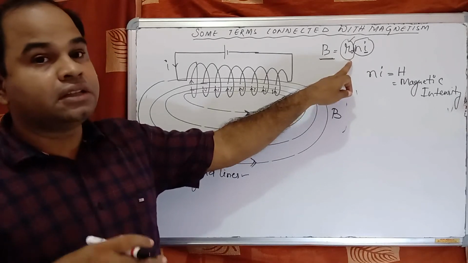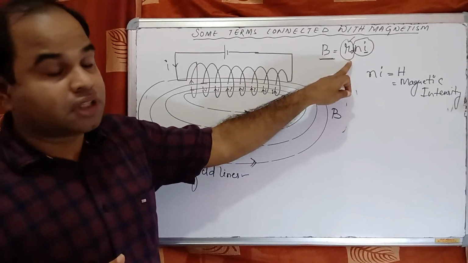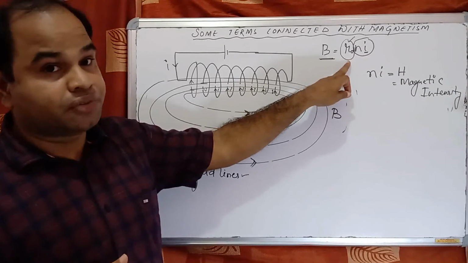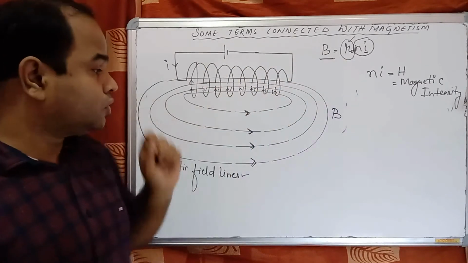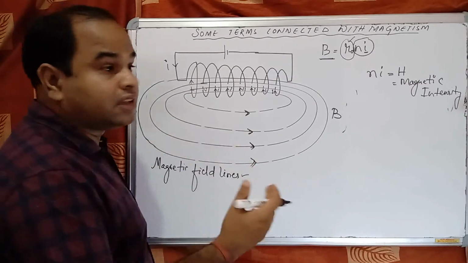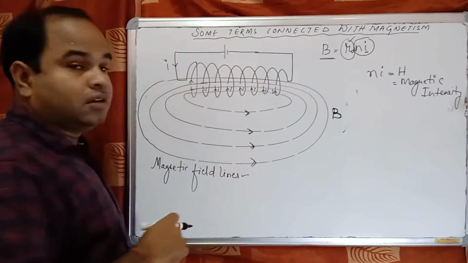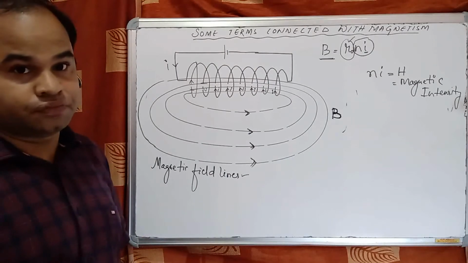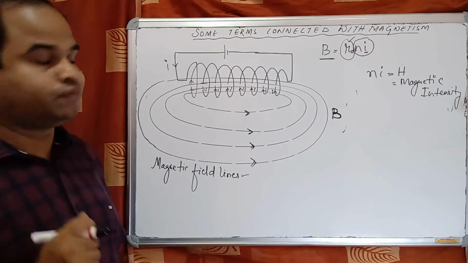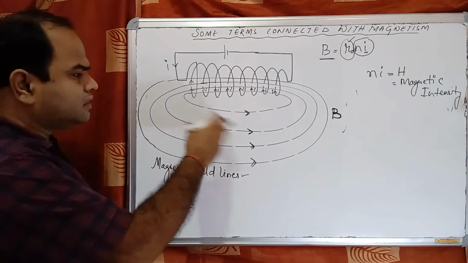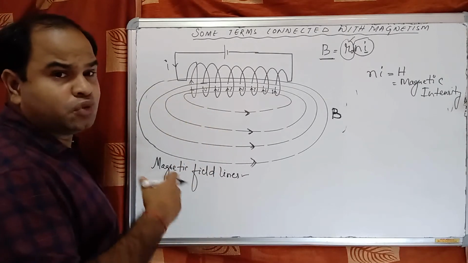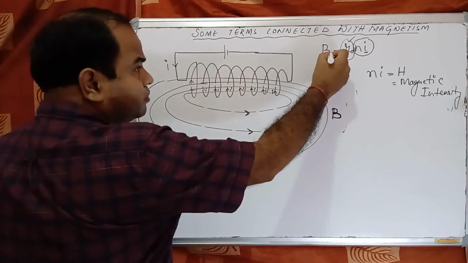They are traveling in air medium, that is called the permeability of air medium. When it travels, that is called magnetic field strength. Since it is moving in air medium, let us represent it by μ₀.